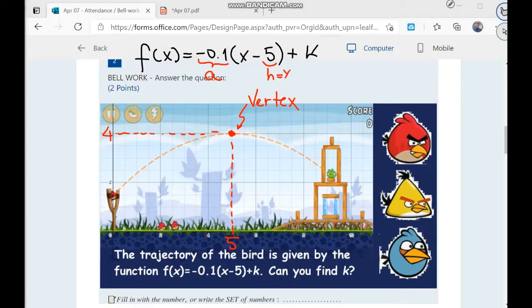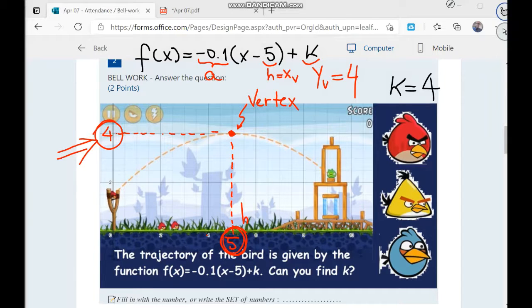So h is this, okay? And k is the y of the vertex. And the y of the vertex, if you look, is this y coordinate. The y of the vertex equals 4. So k equals 4. 4 is the right answer. 4 is the correct answer.